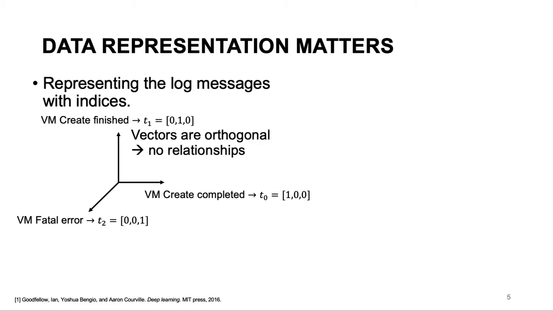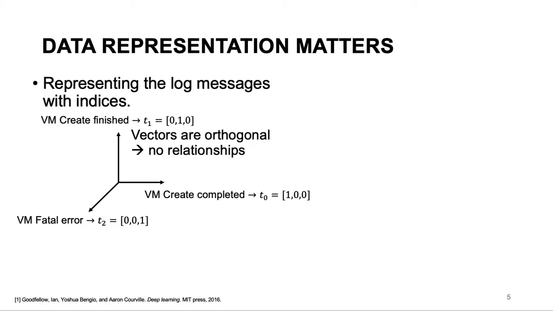To further illustrate this, we have a look here at 3 log examples. For example, VM create completed, VM create finished, and VM fatal error. Here in this case, if they are all represented by indices in one-hot encoding space, they will all be orthogonal vectors with no relationship.